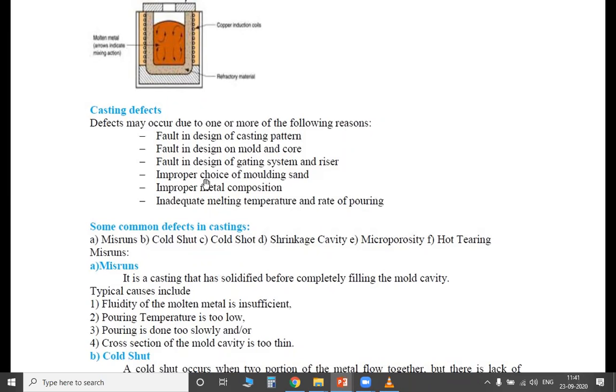Next, the improper choice of molding sand. The sprue, the riser and the gating system are the three main things used in your casting process. What type of molding sand is to be used for what type of materials. Then improper metal composition.